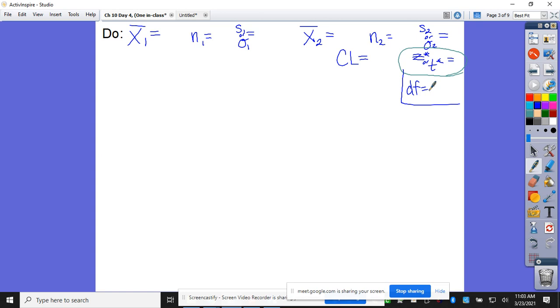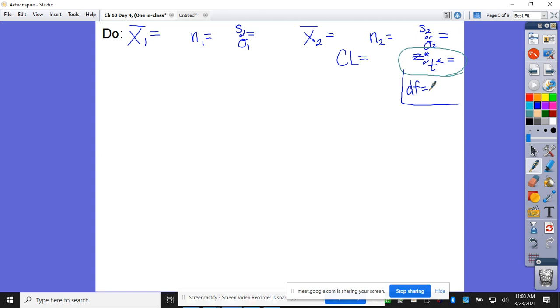Where could that be an issue? Why is that an issue? We have 2 different sample sizes. You always want to be the least confident, not at least confident, but least whatever. So which one should you use? The lower one?